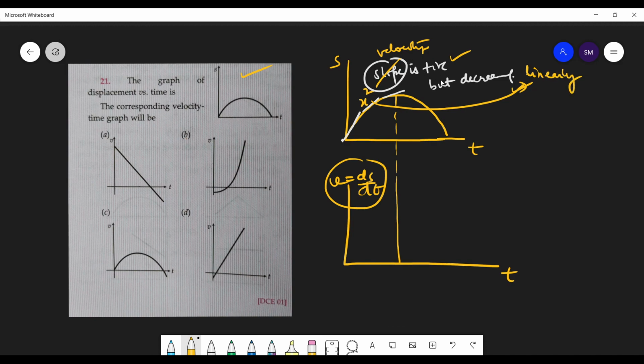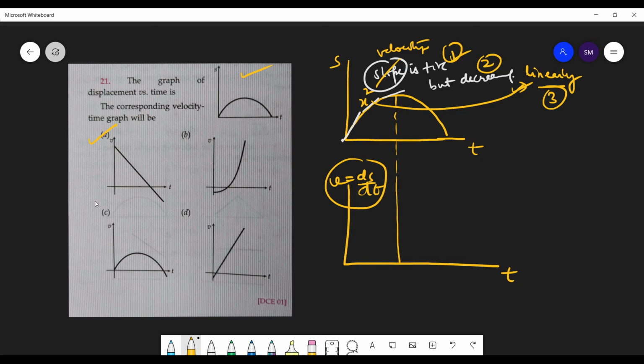Velocity is positive, but decreasing linearly. Is this clear? So you have three things: 1, 2, 3. Which of these graphs is satisfying all these three things? A graph. Is this clear?